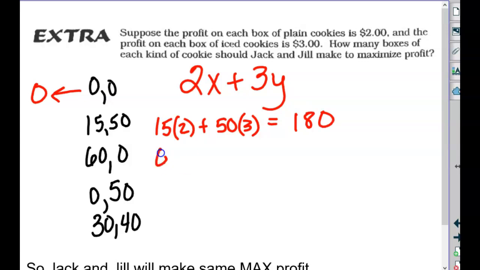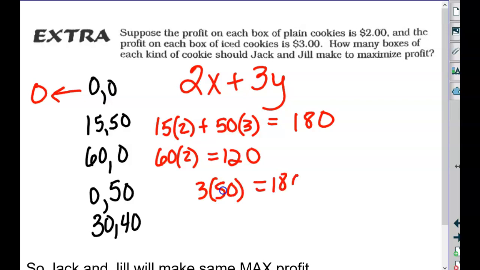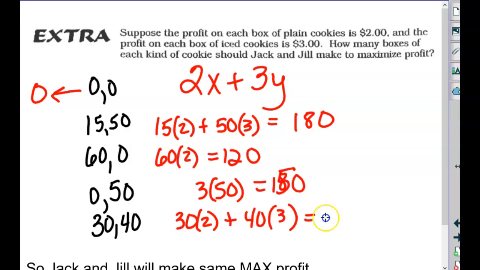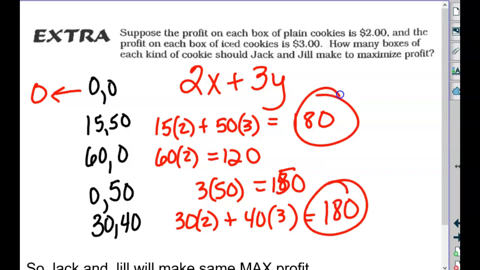If they make only these, 60 times $2, they'll make $120. If they make only these, 3 times 50 would be $180. If they make 30 at $2 plus 40 at $3, that should be $150.